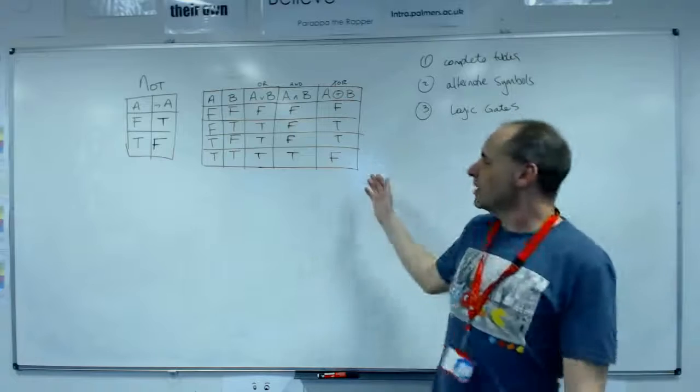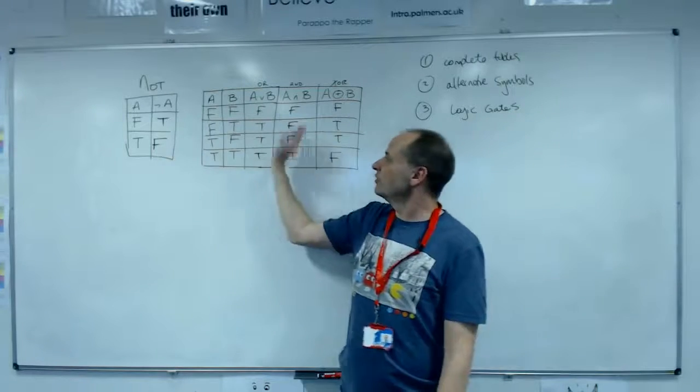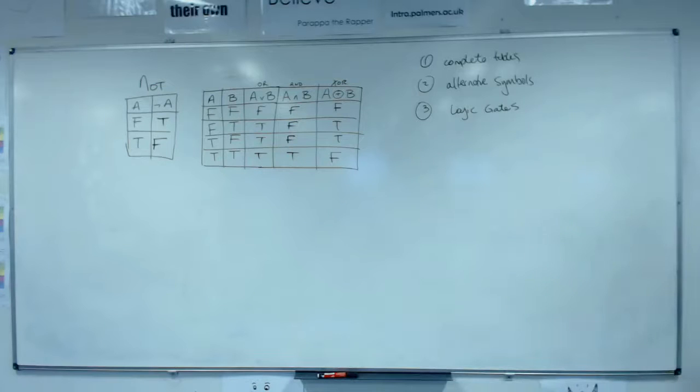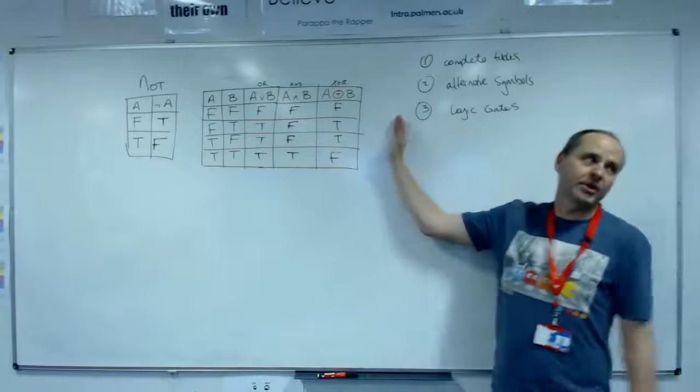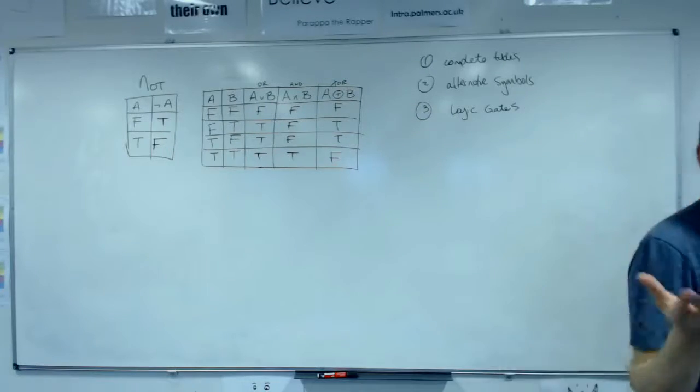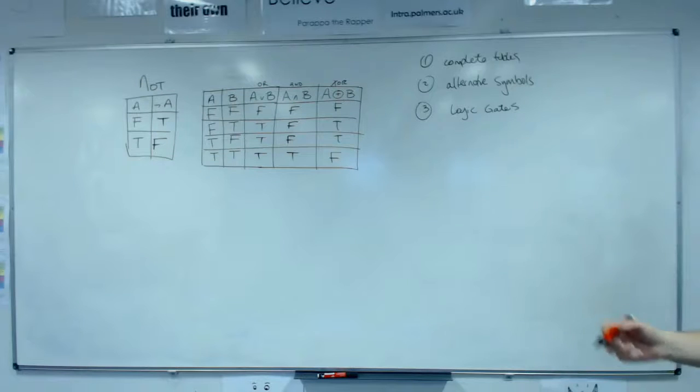When we're programming, the three common functions that we'll use are NOT, AND, and OR. Exclusive OR has got some incredibly useful properties. When we're doing machine code or assembly language programming, XOR is a quick way of setting a register value to 0.